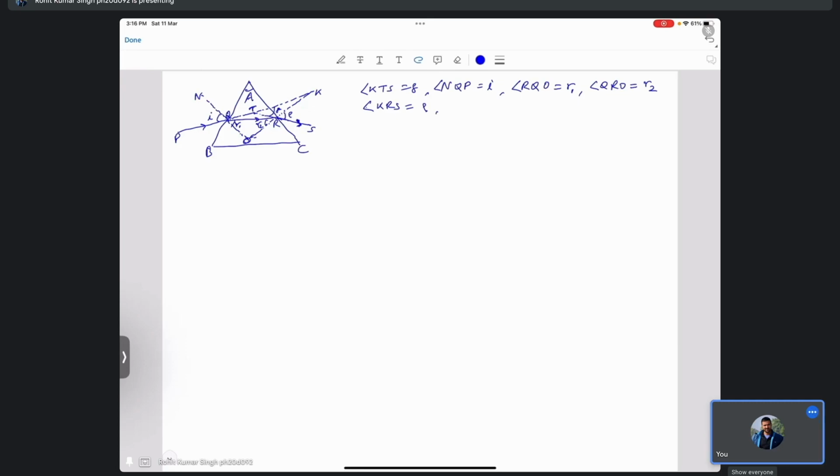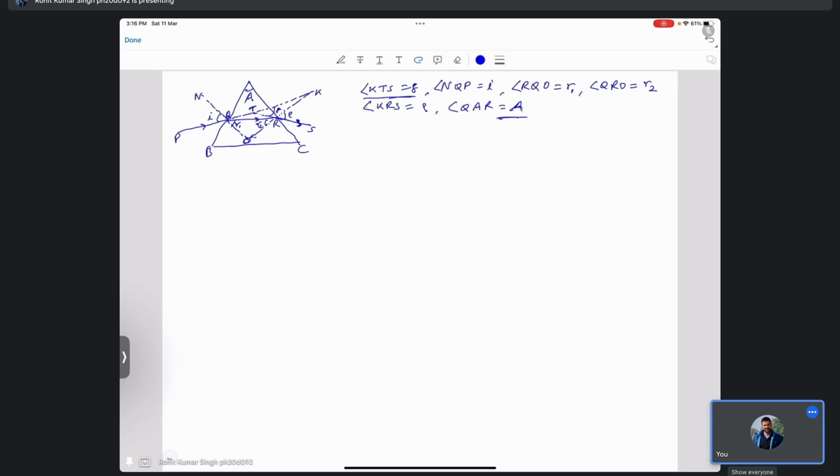Okay, that's all the angles we have, and obviously angle QAR is your A, the angle of the prism. Okay, so we want to calculate the formula for the angle of deviation in terms of the refractive index and the angle of the prism.